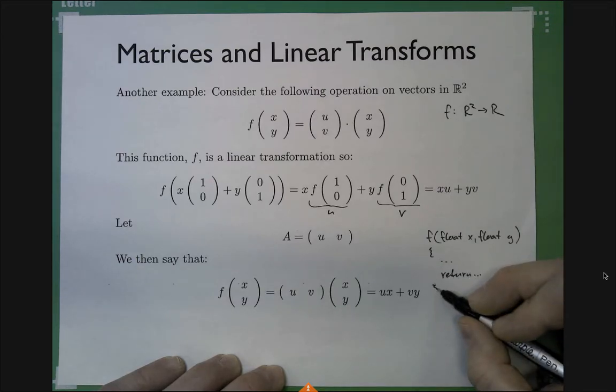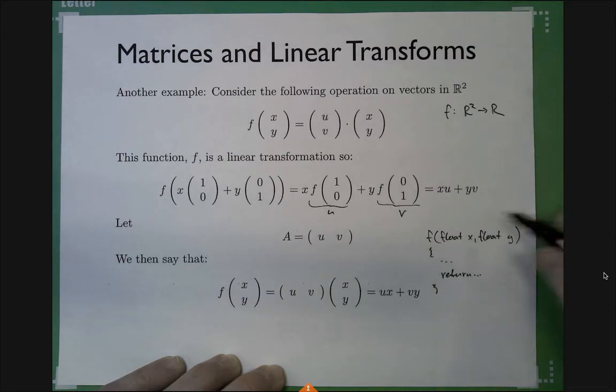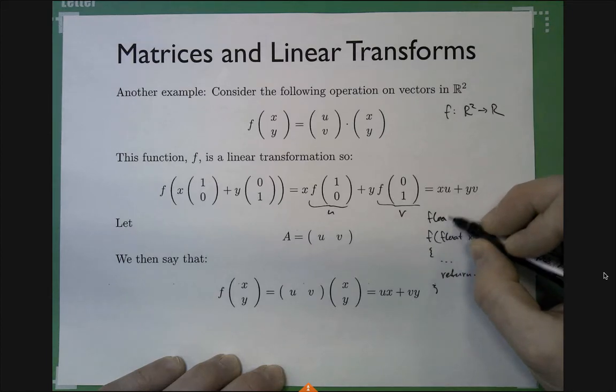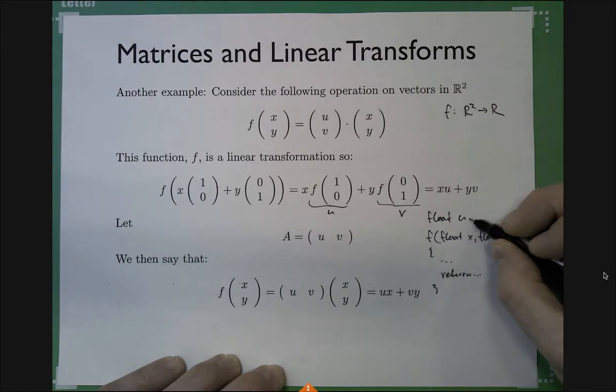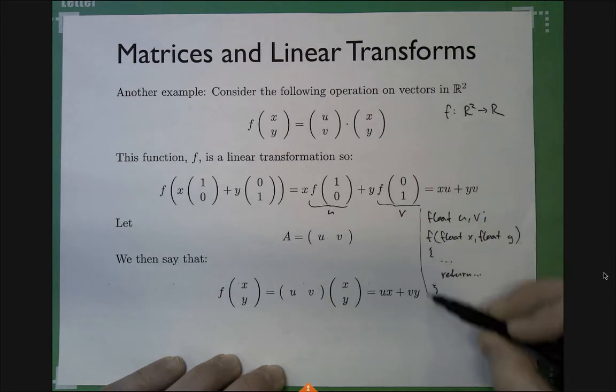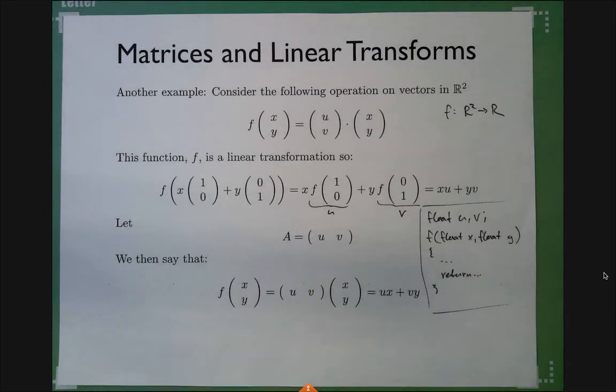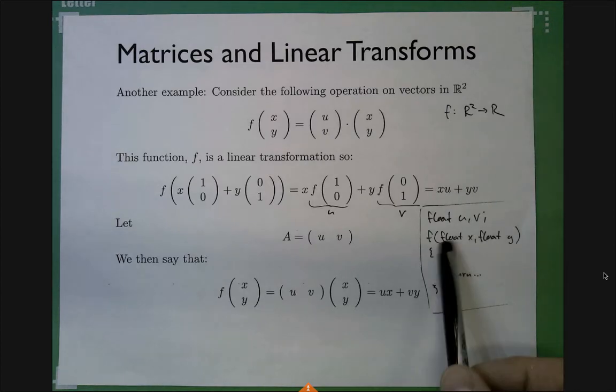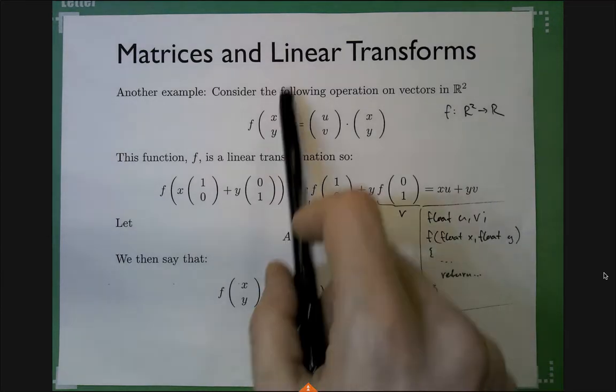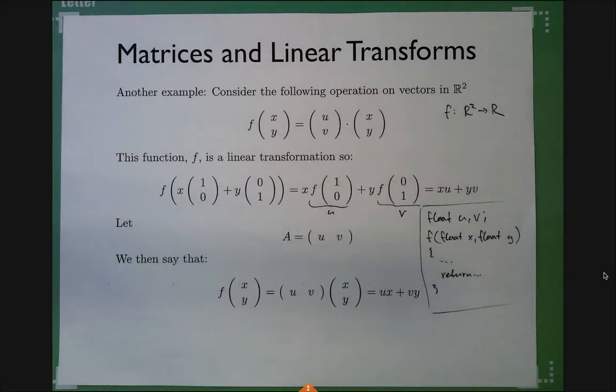And the u and v, those will be like global variables. There will be float u and v. That's using C notation. Does it make sense? That's the idea. So sure, you can feed u and v there too, but the point is that x and y can be arbitrary, right? Makes sense?